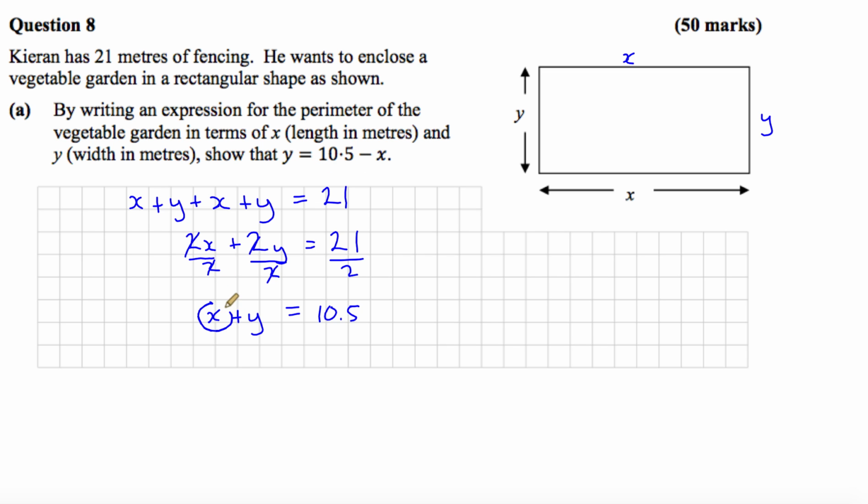So all we need to do now is bring this x over here, becomes a negative, and we're left with y equals 10.5 minus x. So we've shown what we were asked to show here.